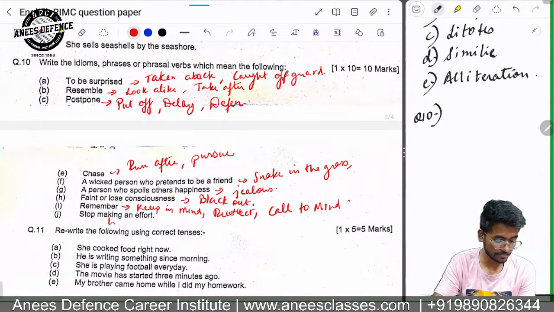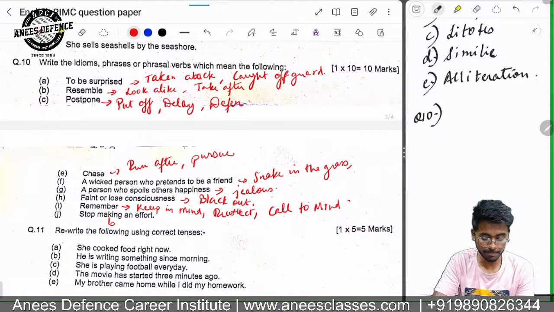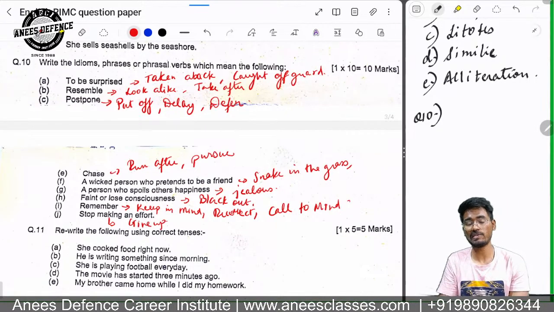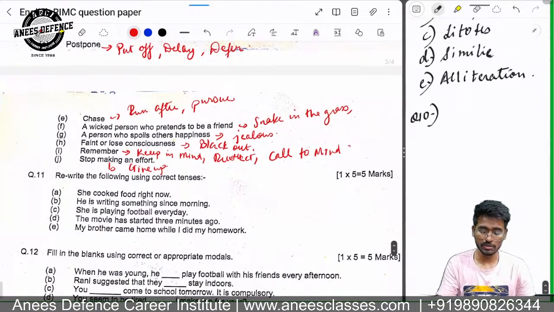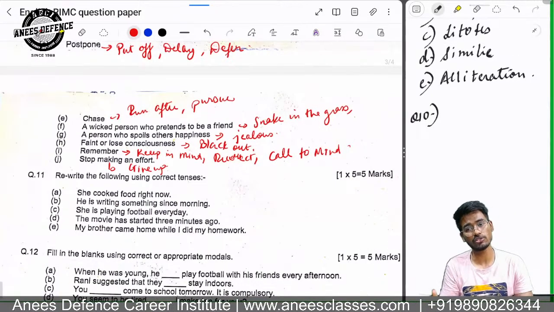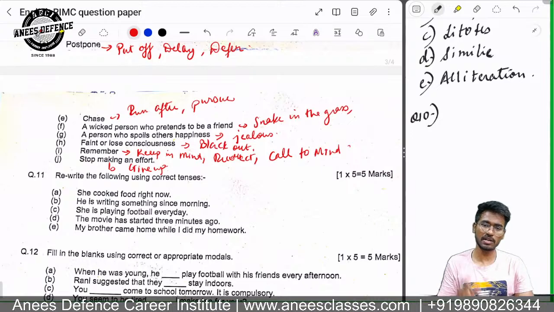Stop making an effort. That means give up. You can write give up. Give up is nothing but a basic example which we use in our day-to-day life. Okay. So these are the answers. This particular part might have different answers also. So if you have written a similar answer, then your answer is correct. Okay.